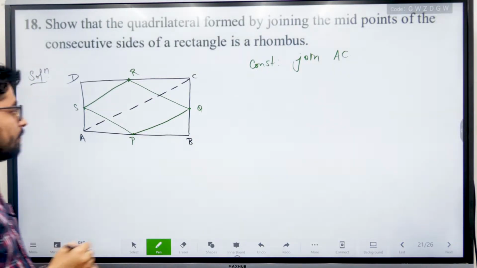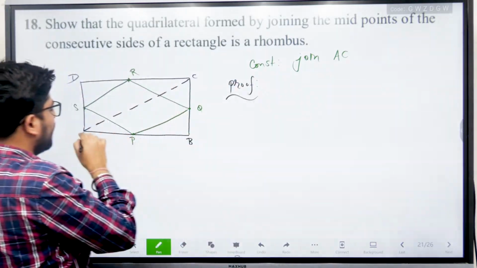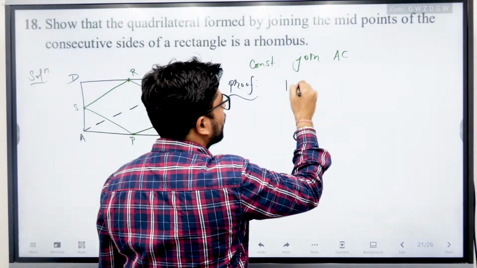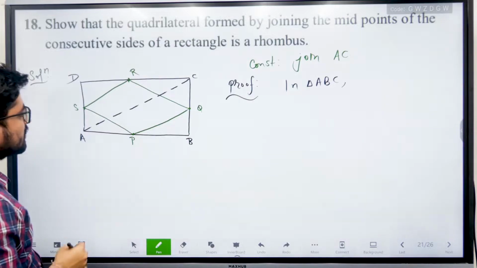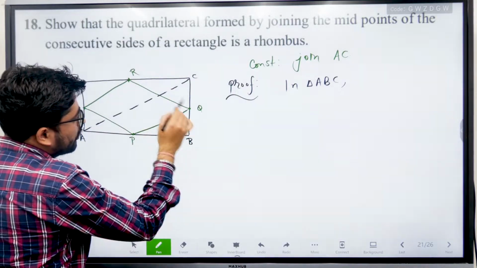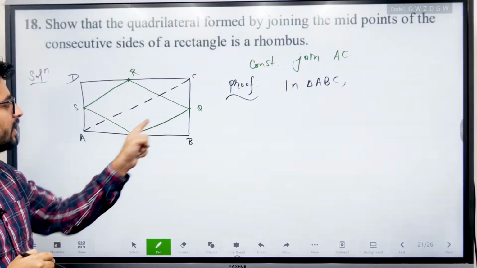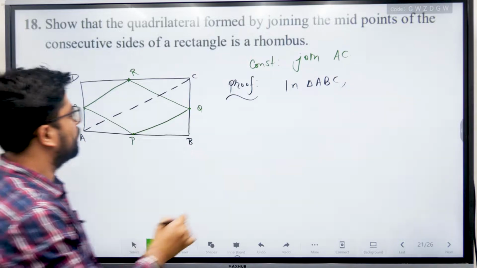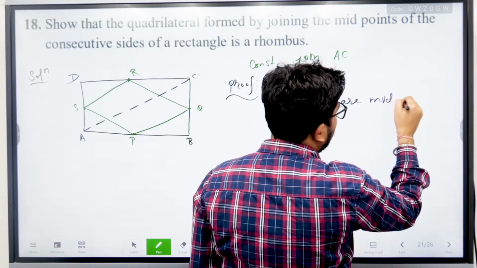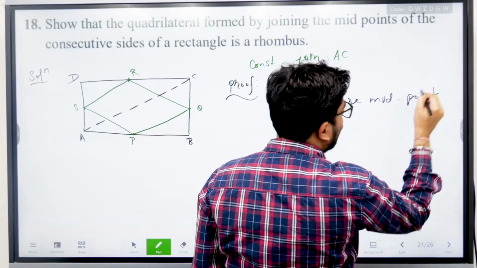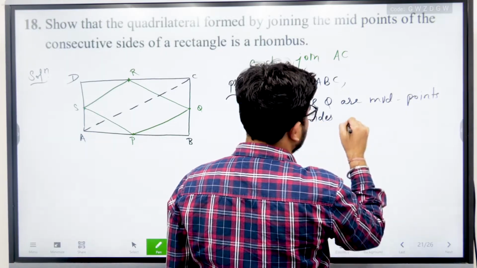Now in triangle ABC, P and Q are the midpoints of sides AB and BC respectively.